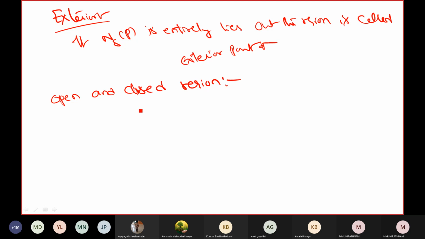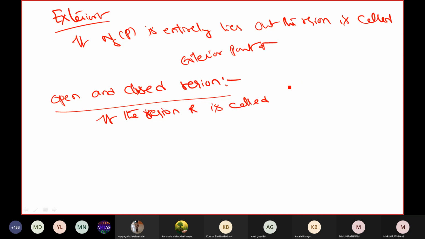Based on the position of the point, the region R is called open if every point in the region is an interior point.